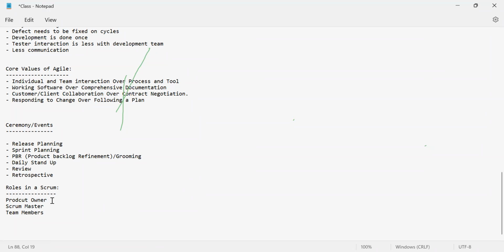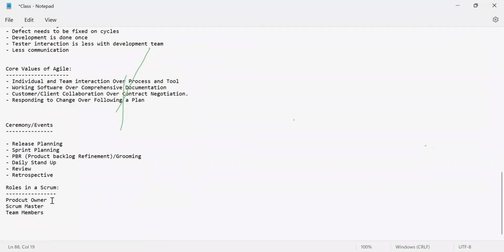So we have the product backlog containing all the functionalities as stories, and top prioritized stories will be pulled from the product backlog to the sprint backlog and worked upon for 2 weeks in our example.